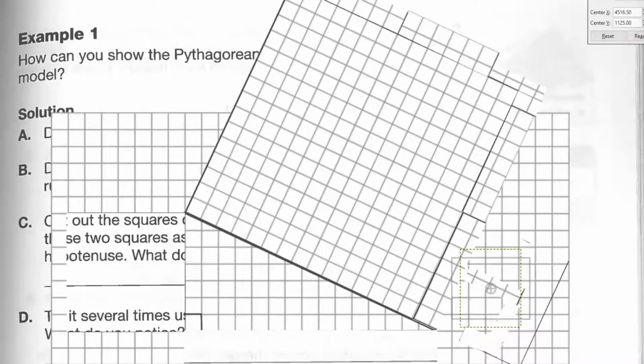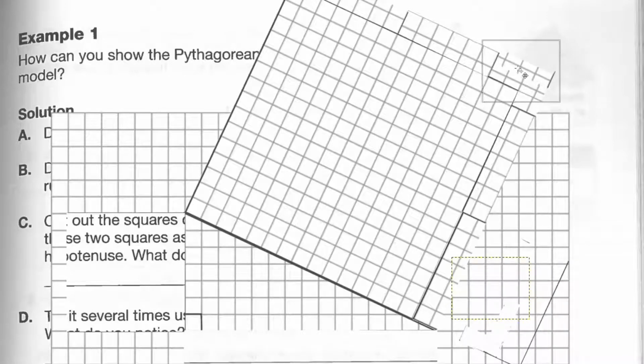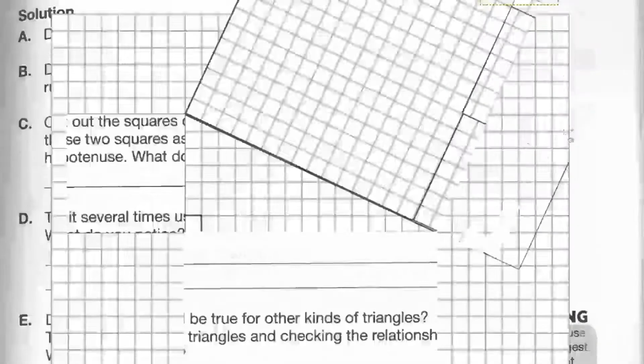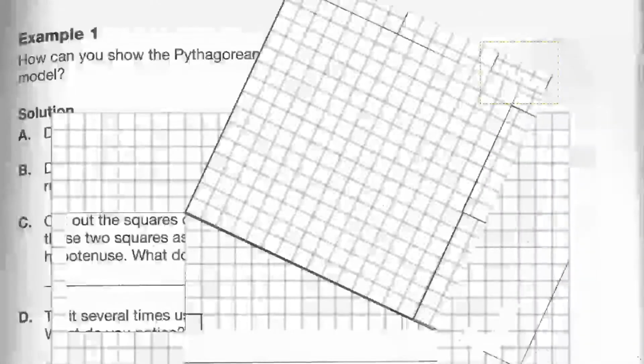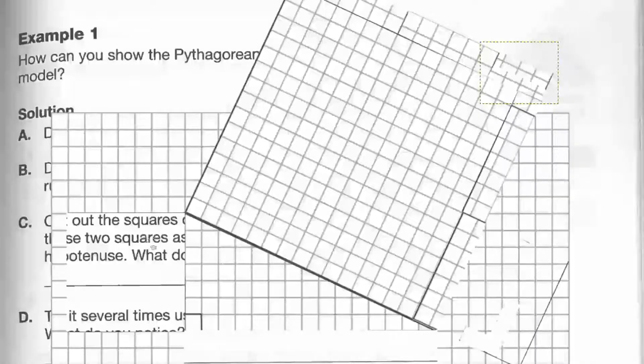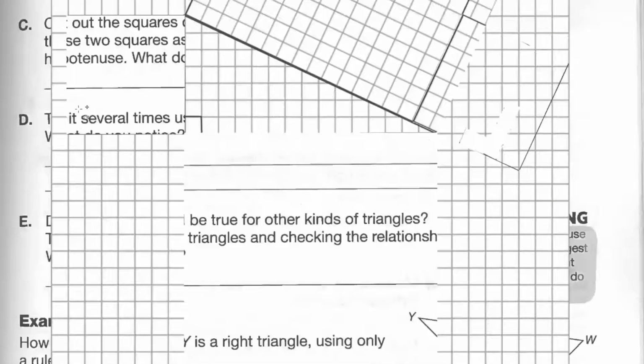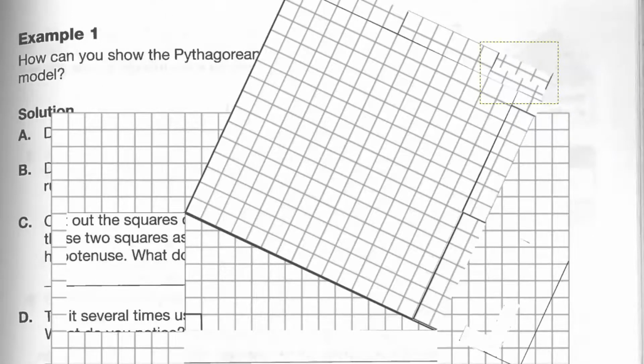And within some sort of error, of course, because it's not going to be perfect, you will find, yeah, it's a little iffy. Not perfect, but more or less, those two legs were able to fit into the two squares on the left. The leg and the bottom leg were able to fit into a square along the hypotenuse.